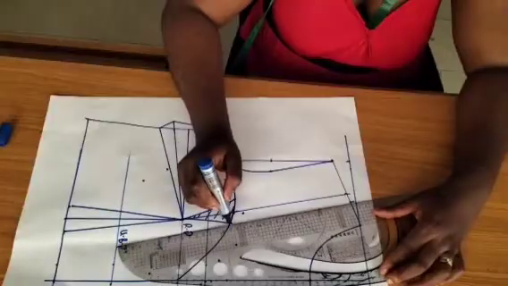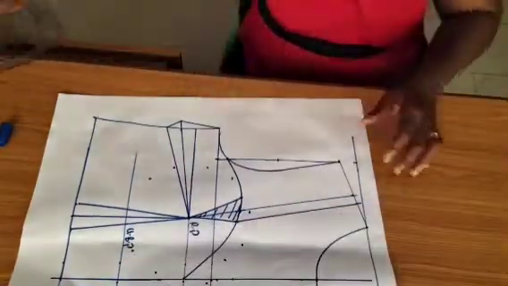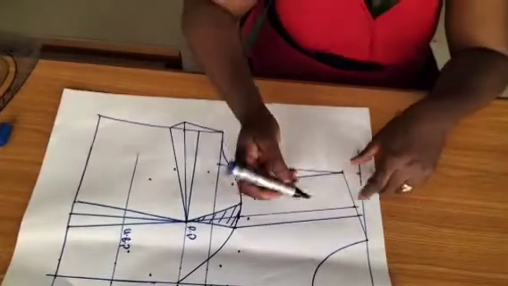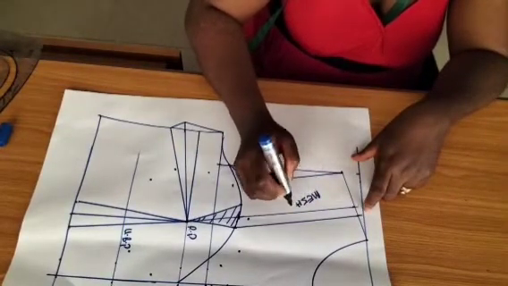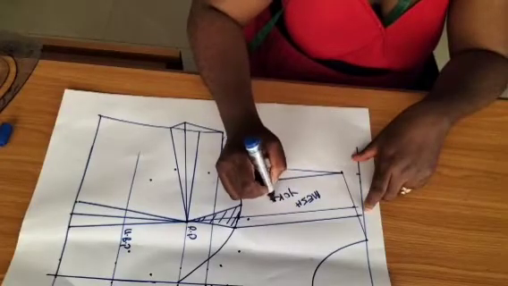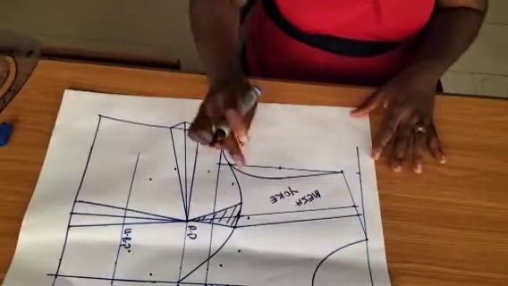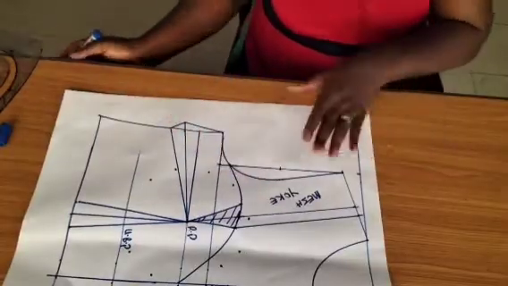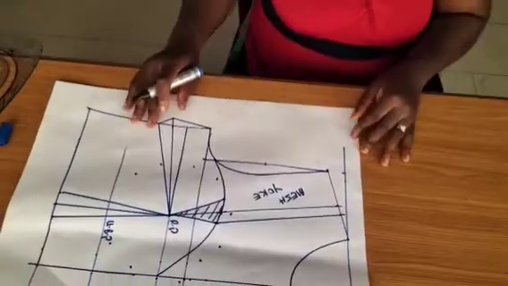Then I will connect to this. So this is the yoke. I will call it the mesh yoke because the other part is the fabric yoke. That is the yoke we are going to sew. So I came in by 3 inches for this particular one.